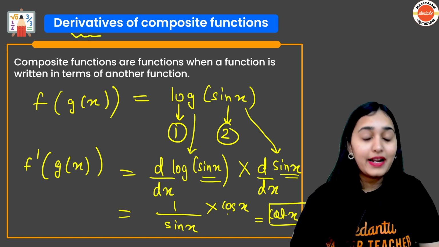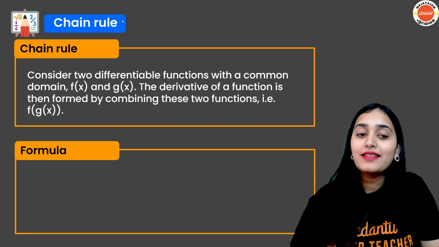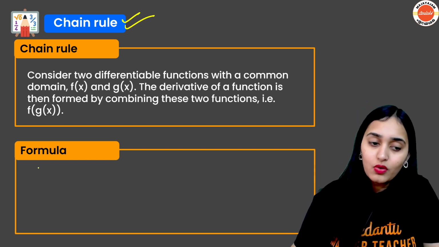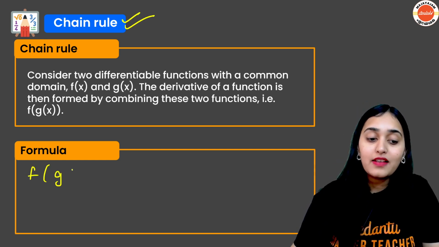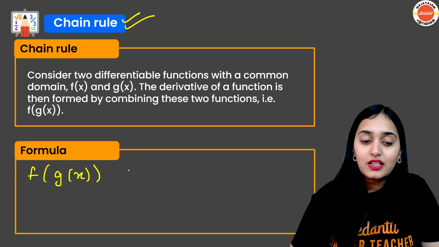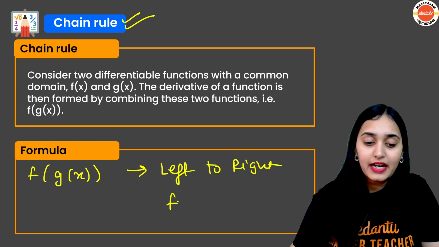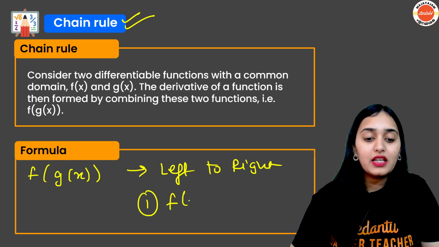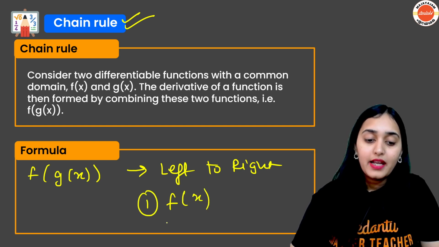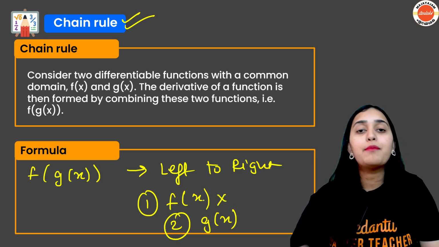Like this, we find derivatives of composite function. Now this is also called as chain rule. So chain rule again says that if there is a function which has another function inside it, so you differentiate it from left to right. So first you differentiate f function, then you differentiate g function and you multiply both of them.